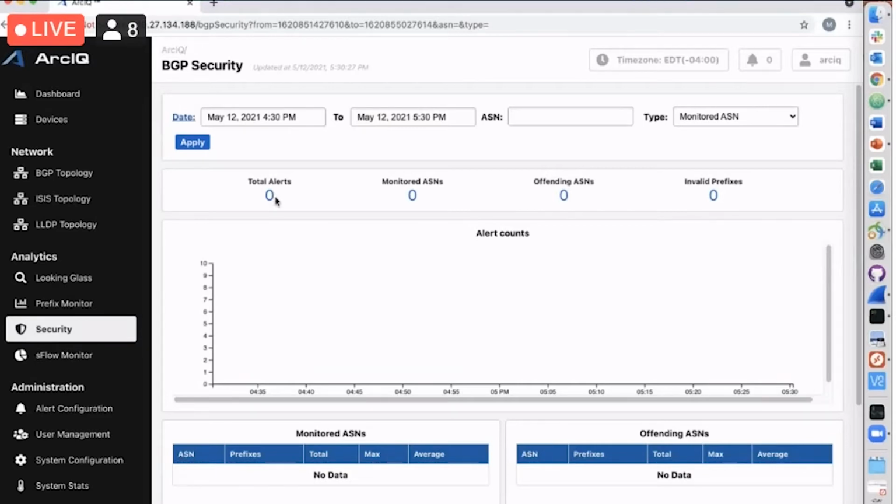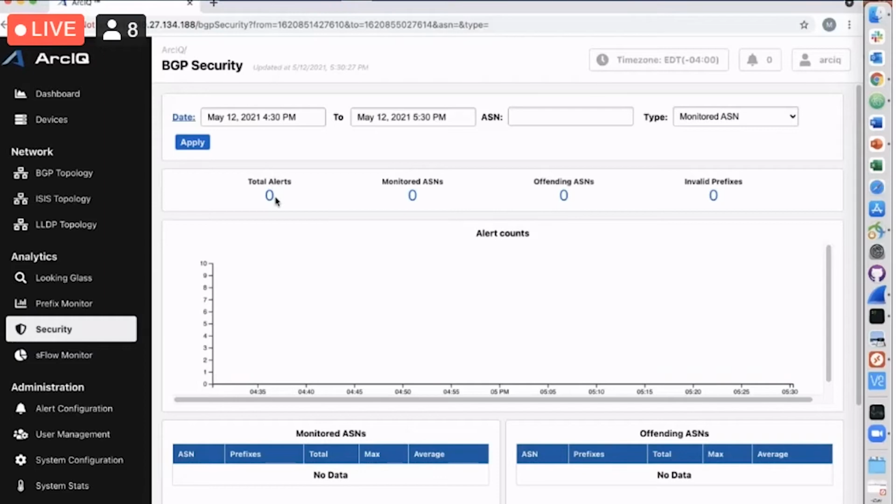Yeah, well, the typical answer is it's an integration exercise with your automation systems. In the case of a lot of our cloud service provider, hyperscaler customers, they have their own preferred way to automate, whether they're using Ansible and templating that way, or using netconf natively, or if they're doing Python, we have something called ArcAPI that allows them to interface with our config and our operational state in a programmatic way.